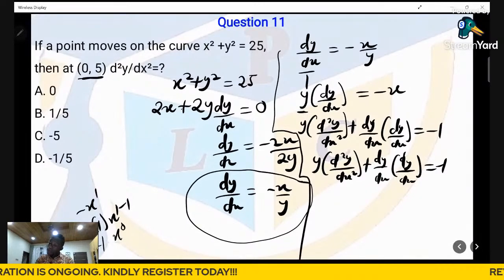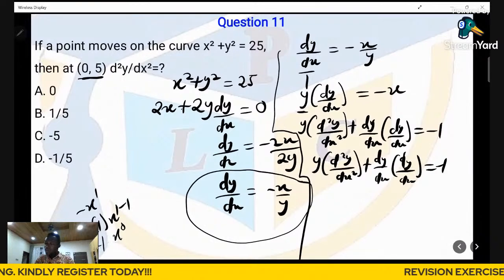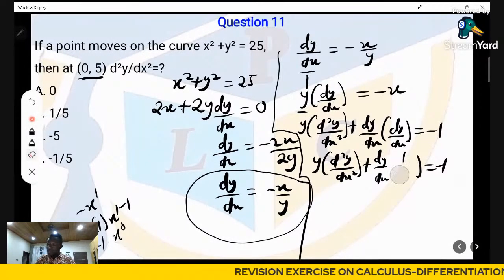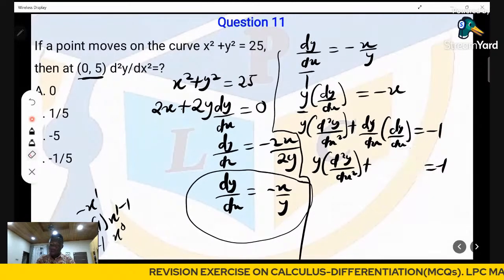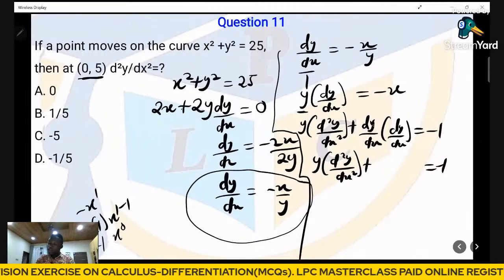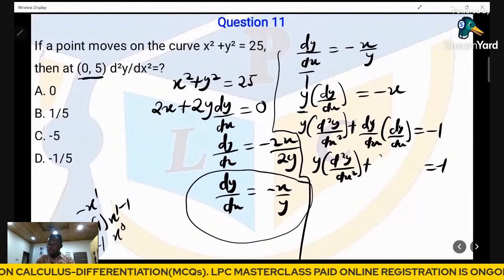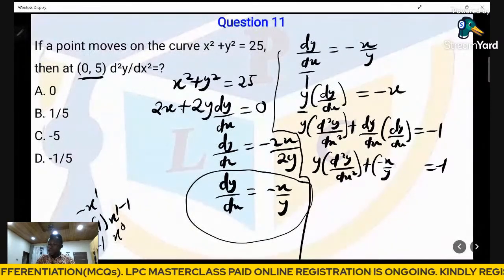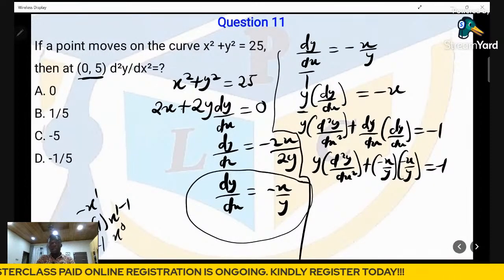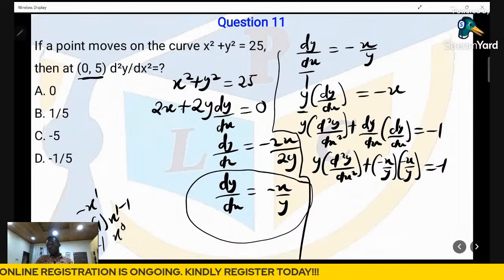So let's continue. I should rather do the substitution first, so let me erase it. Let me do this substitution first, and that will be far better. So here, dy over dx is negative x over y, and here too, negative x over y. Okay, so I'm good with that.